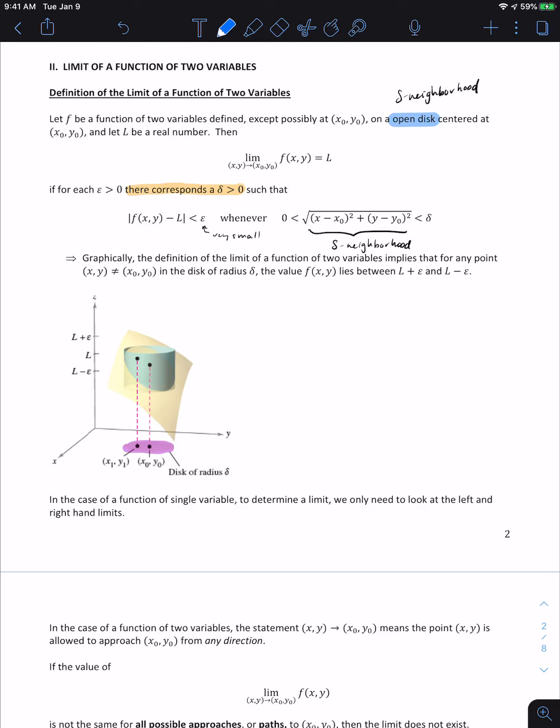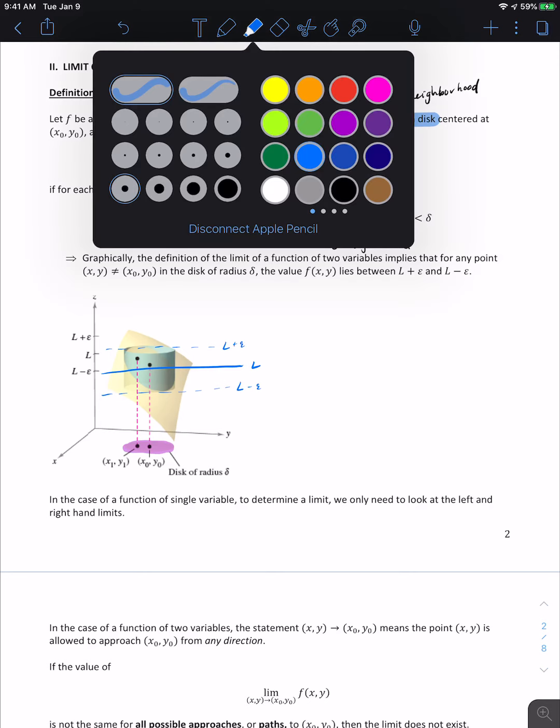So in other words, if I pick an input, an x and y value inside that disk, then my output needs to lie between L plus epsilon, L plus a little bit, and L minus a little bit, right? Remember, L is right here in the middle and L is the limit, right?